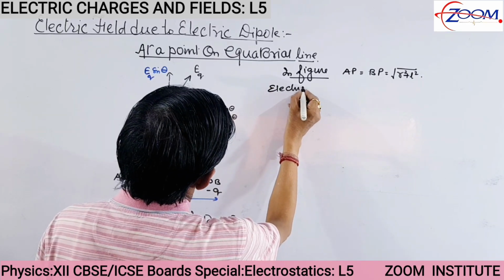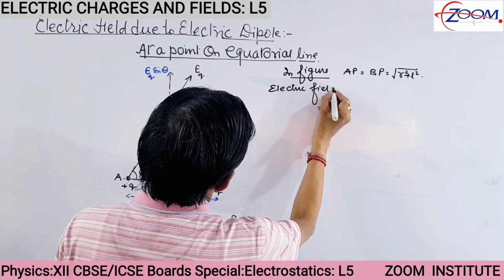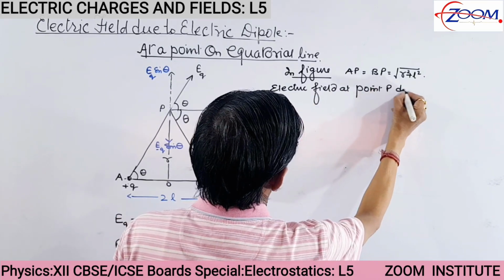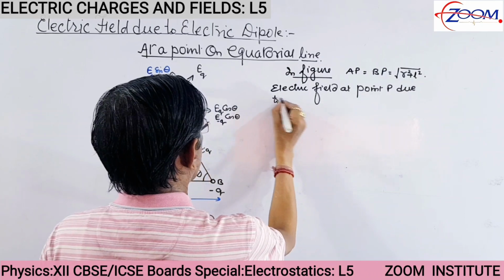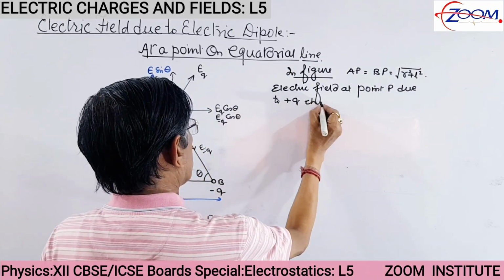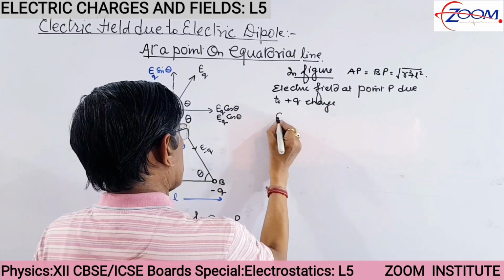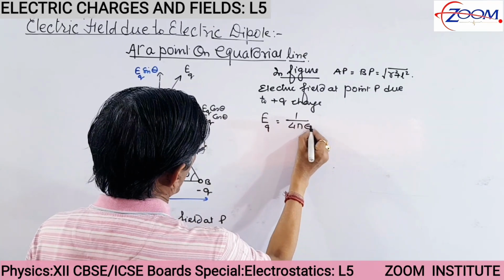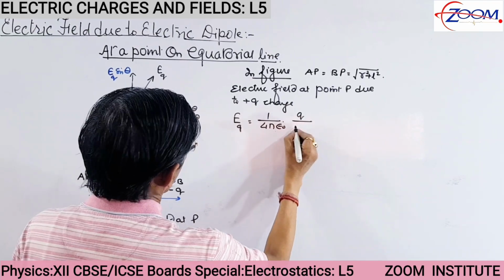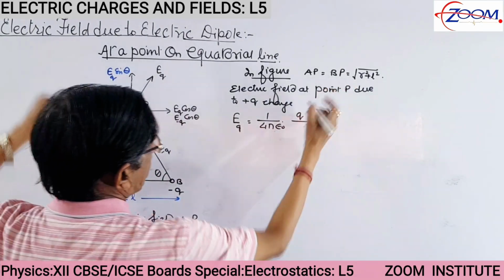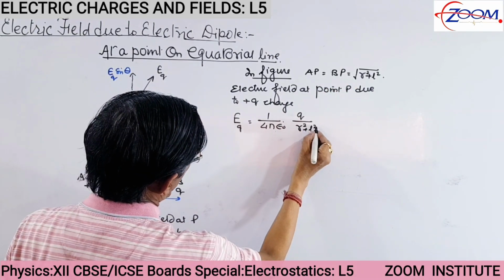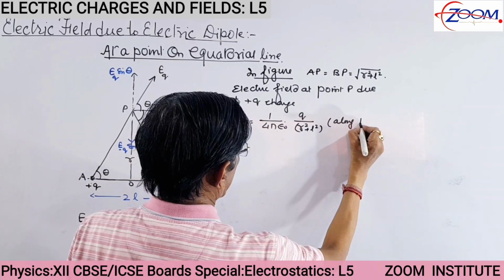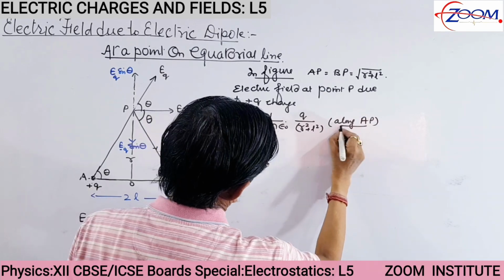Now, electric field at point P due to plus q charge, that is positive charge, E q is equal to 1 upon 4 pi epsilon naught q upon AP square. AP square means R square plus L square along AP. The direction of it will be along AP.